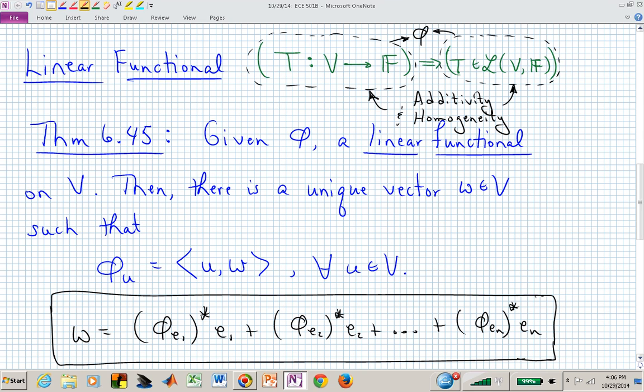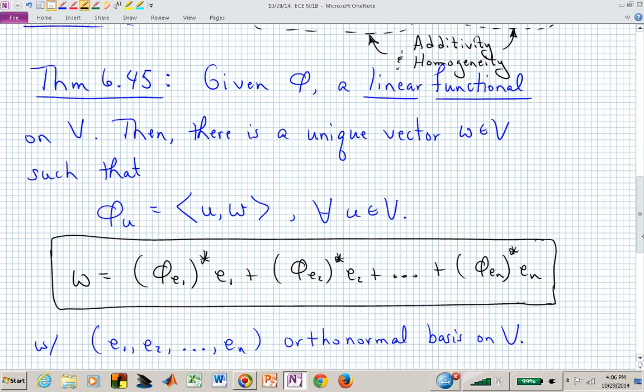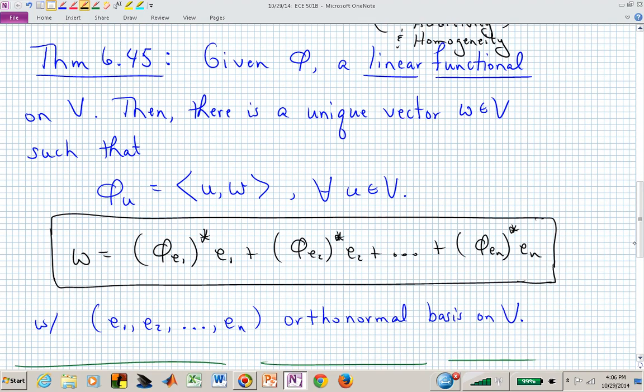And we learned last time that we could actually build up an inner product that would produce the result of the linear functional applied to, let's say, some arbitrary vector u. And that was theorem 6.45.